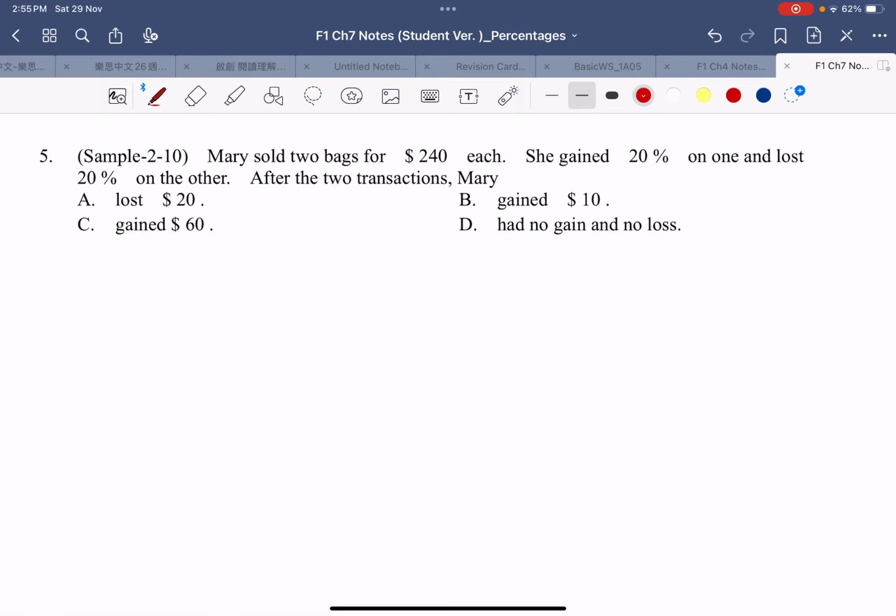All right. So next, the final one. Mary sold 2 bags for this amount. She gained this percent on one and lost 20% on the other. After 2 transactions, what's the result for Mary? So the cost. What's her cost?